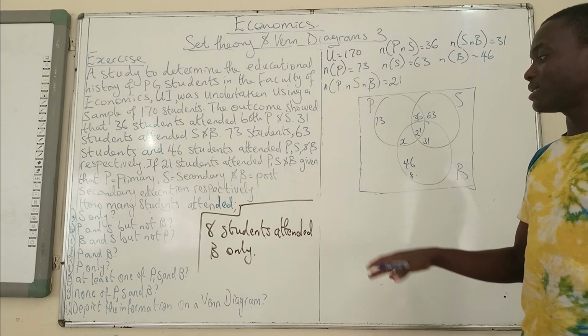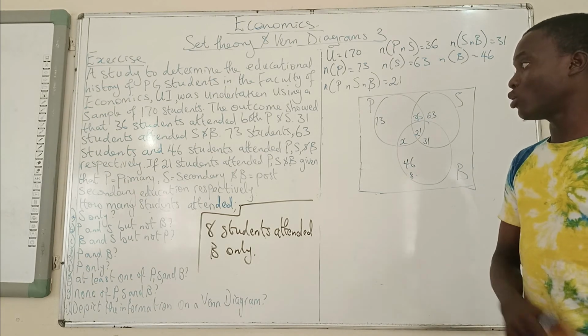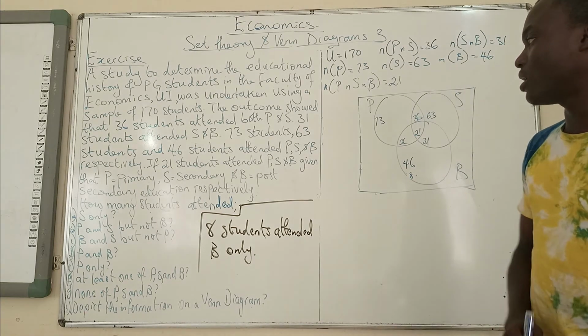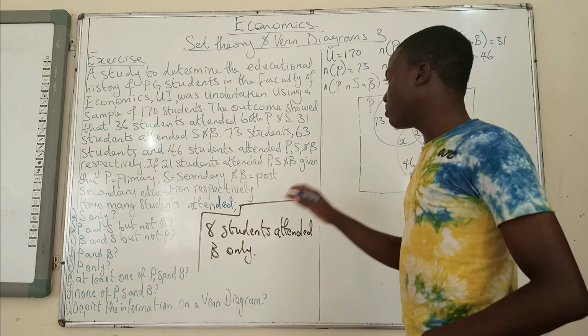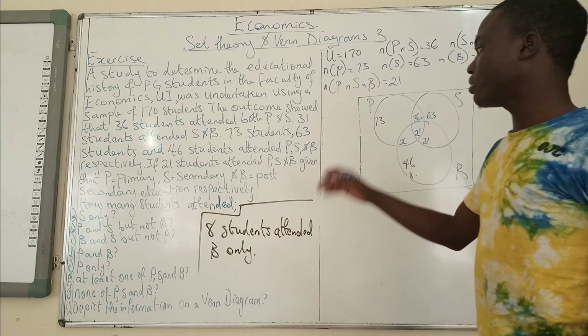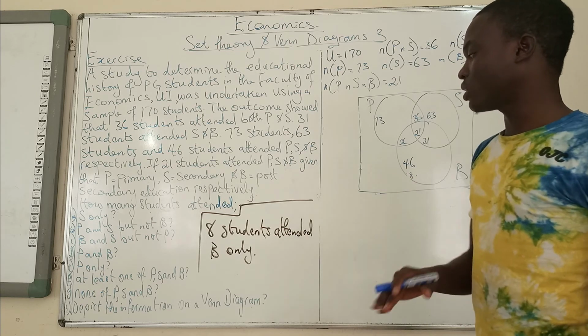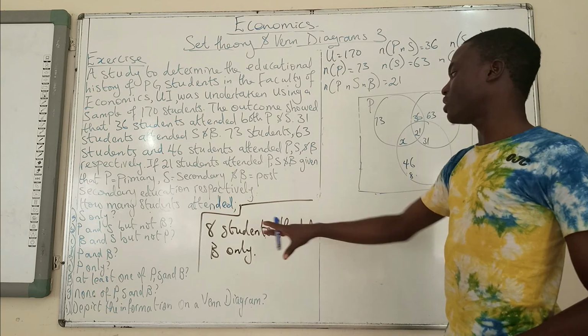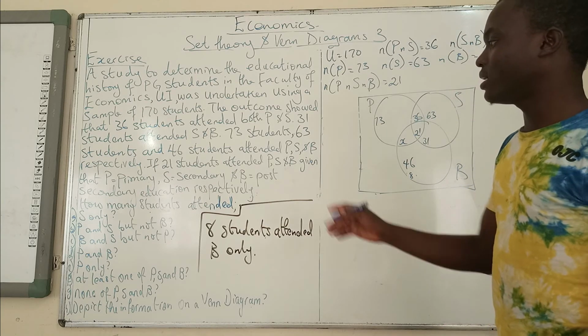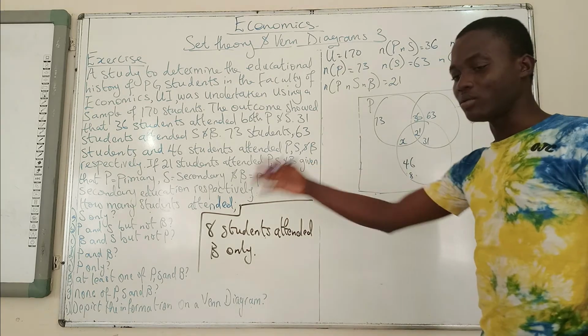That is, 8 students attended post-secondary education only. So we have that as additional information. So if 20 students attended primary, secondary, and post-secondary education, given that P equals primary, S equals secondary, and B equals post-secondary, including this information here that 8 students attended B only, how many students attended S only, P and S but not B, and so on?